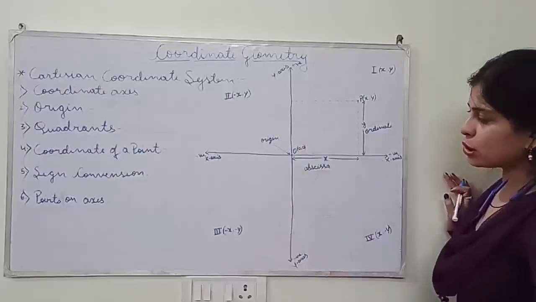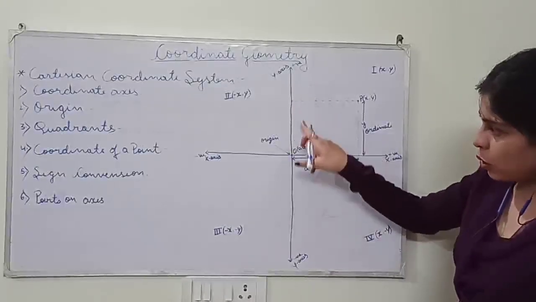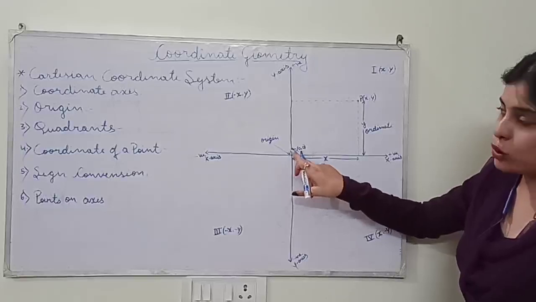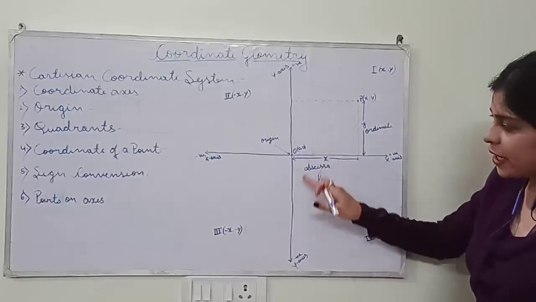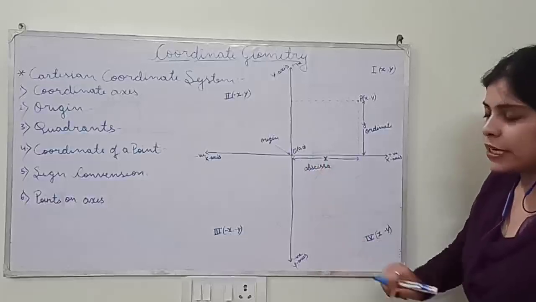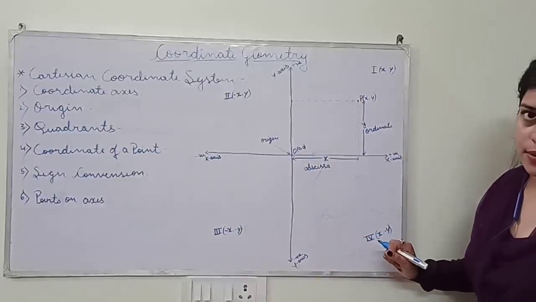Similarly for the y-axis, this is vertical and on the vertical y-axis this point is 0. Above 0 there will be positive numbers and below 0 there will be negative numbers, located on the y-axis.